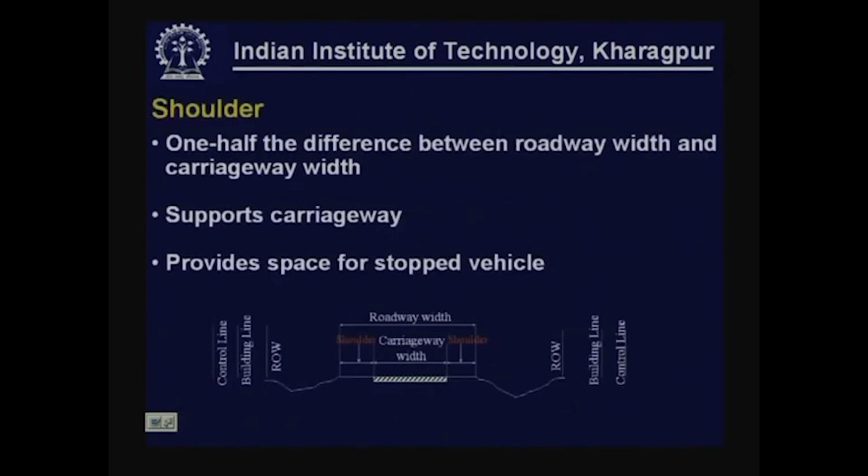Next is shoulder. You might have seen the blacktop surface, and on each side some extra width or extra portion of the road, which we call shoulder.